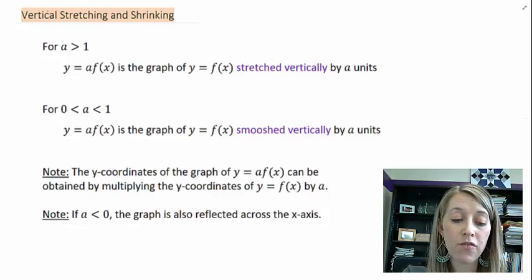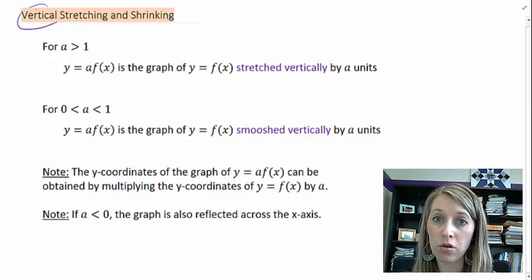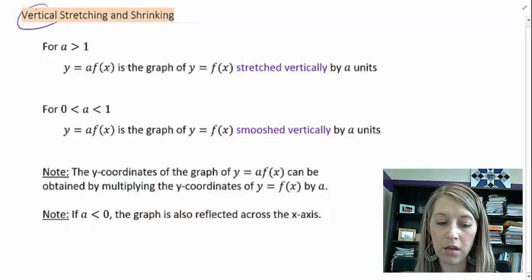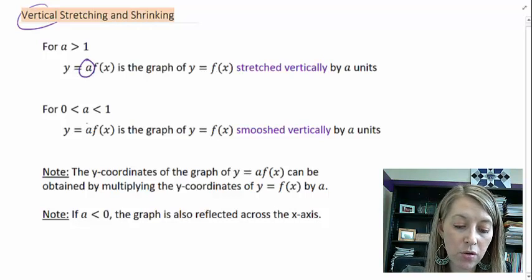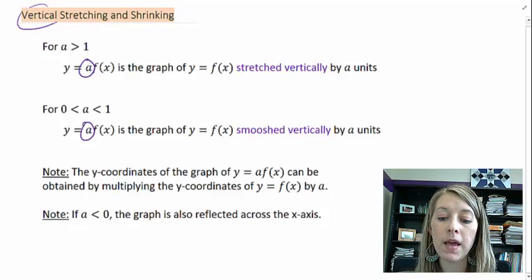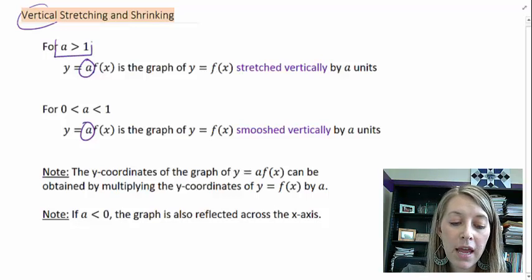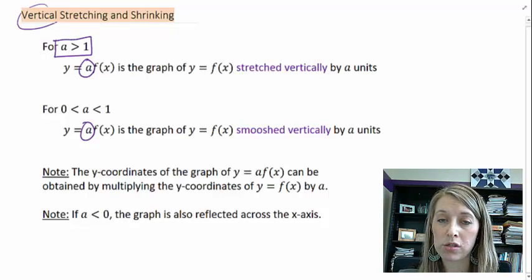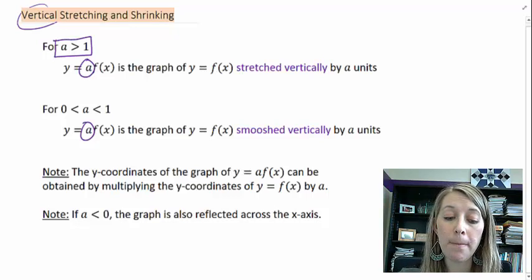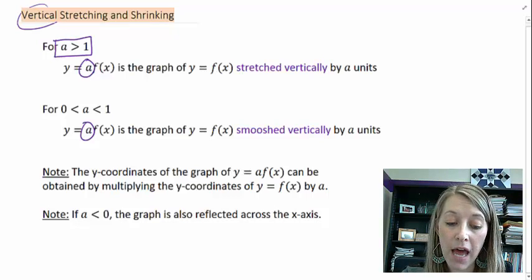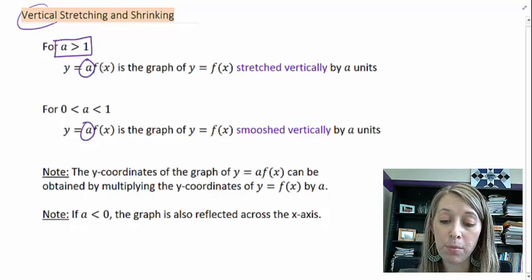So I'm going to talk about vertical first. We should know vertical is happening on the outside. So we see that this value is happening on the outside. Okay? If our value is a number that's larger than 1, so think of a big number, if we multiply it, notice this is a times f of x, then we're going to stretch it.